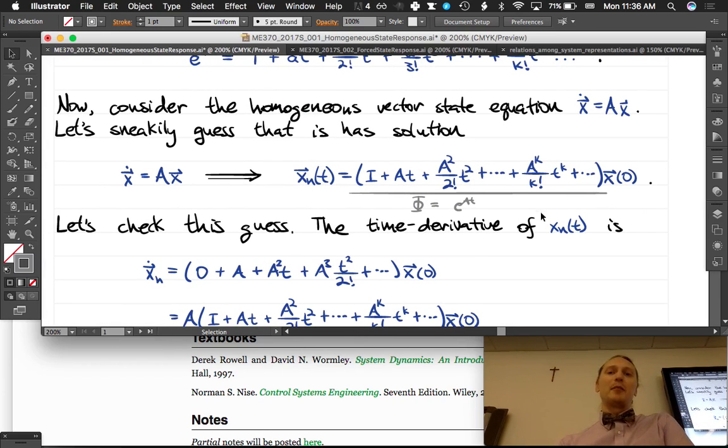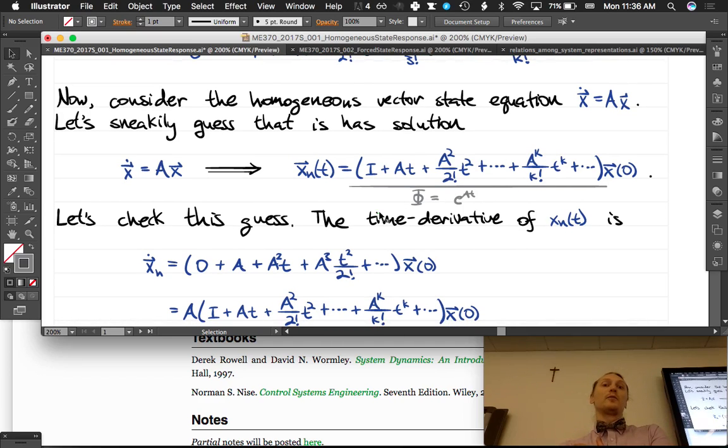The time derivative of this is the following. So when you take a derivative of a matrix or a vector, how do you do that? Linear operator you apply to each term. Yeah, so it applies term-wise or element-wise. So you take the derivative of each element of the matrix or the derivative of each element of the vector.